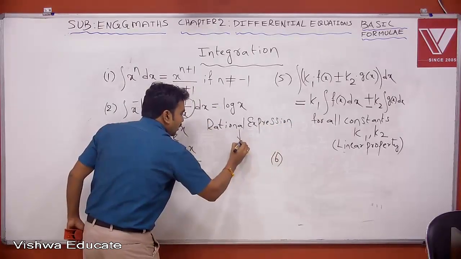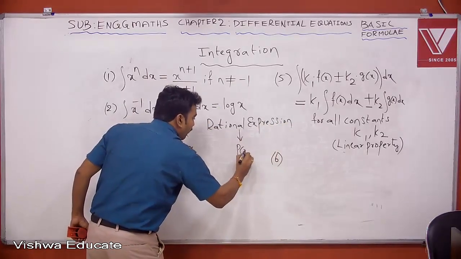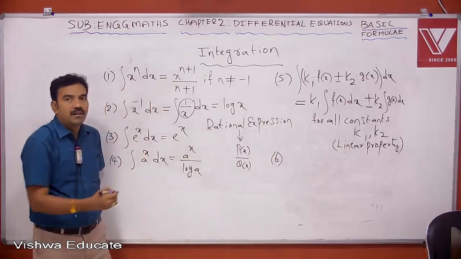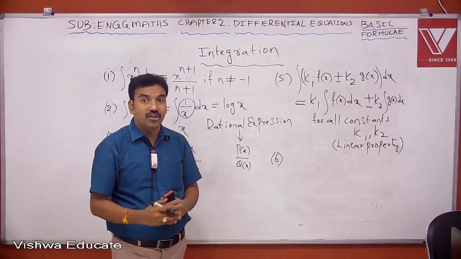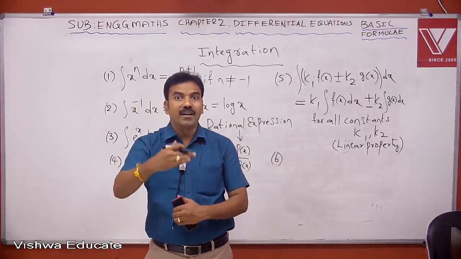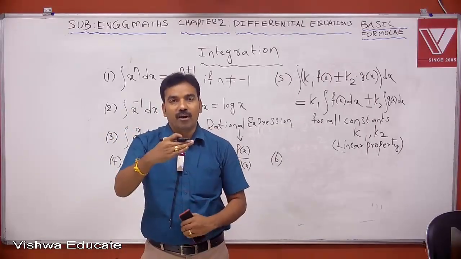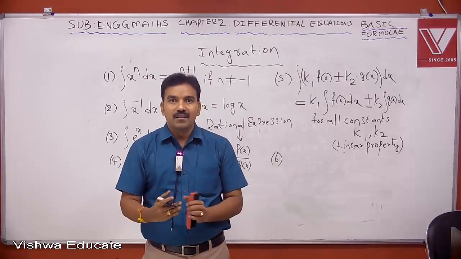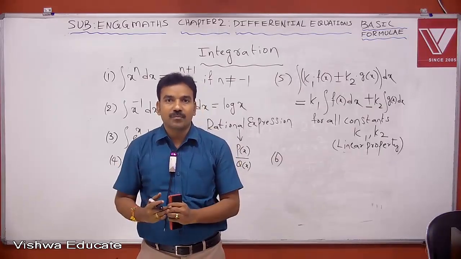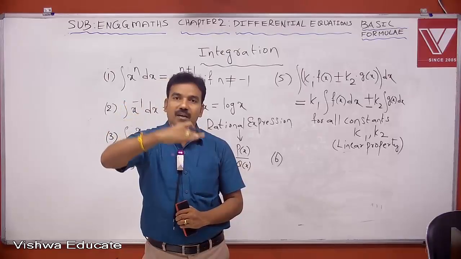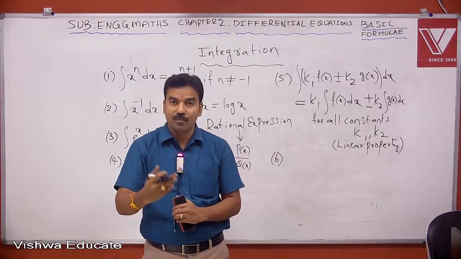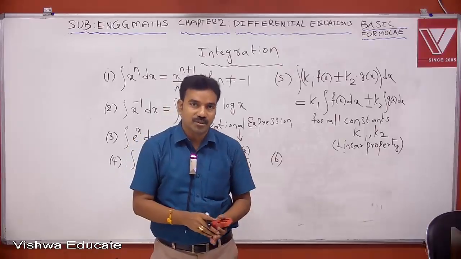Rational expressions are nothing but expressions in the form p of x divided by q of x. Just like rational numbers, which generally have the structure integer divided by integer. When the numbers are in the form integer by integer, they are called rational numbers. It is the same for expressions also. When there is some expression divided by some expression, where the denominator is a valid expression which should not be 0, then it is called a rational expression.